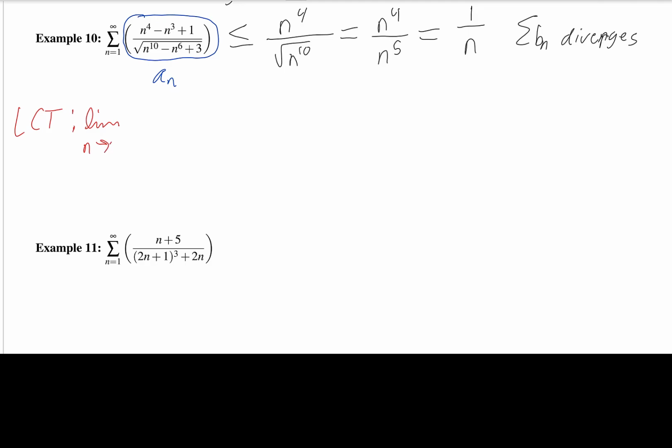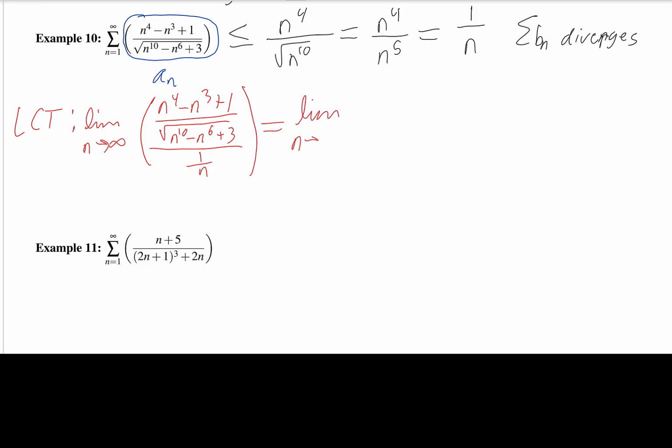We'll do the limit as n goes to infinity of a sub n, so we'll have n to the 4th minus n cubed plus 1 over the square root of n to the 10th minus n to the 6th plus 3, over 1 over n, which gives me the limit as n goes to infinity of n to the 5th minus n to the 4th plus 1 over the square root of n to the 10th minus n to the 6th plus 3.